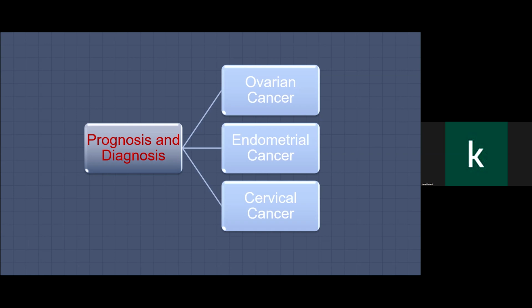For the prognosis of cervical cancers, there was a study which developed a CNN-based pathological risk score to predict patient prognosis, and they showed area under the curve of about 80% for predicting the cervical cancers.